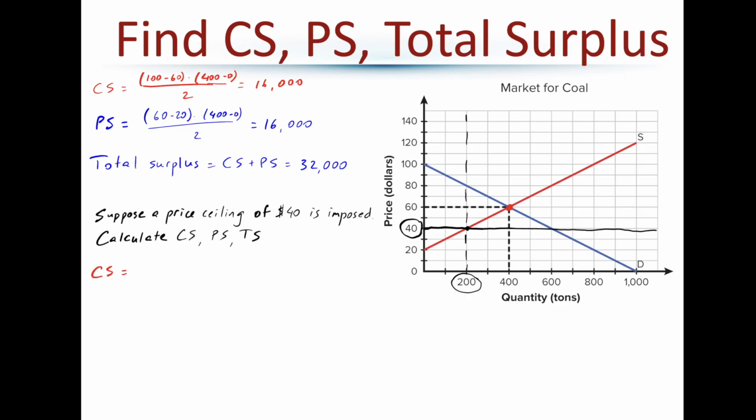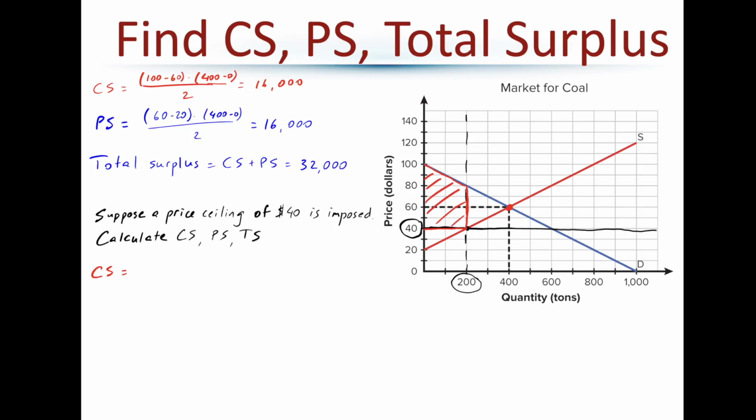So what would the consumer surplus be in this case? The consumer surplus is the area above the price but below the demand curve. However, it is not a triangle anymore, and that is because we are stopped by the quantity that is traded in the market. We cannot trade more than 200. So now this new shaded area is our new consumer surplus.